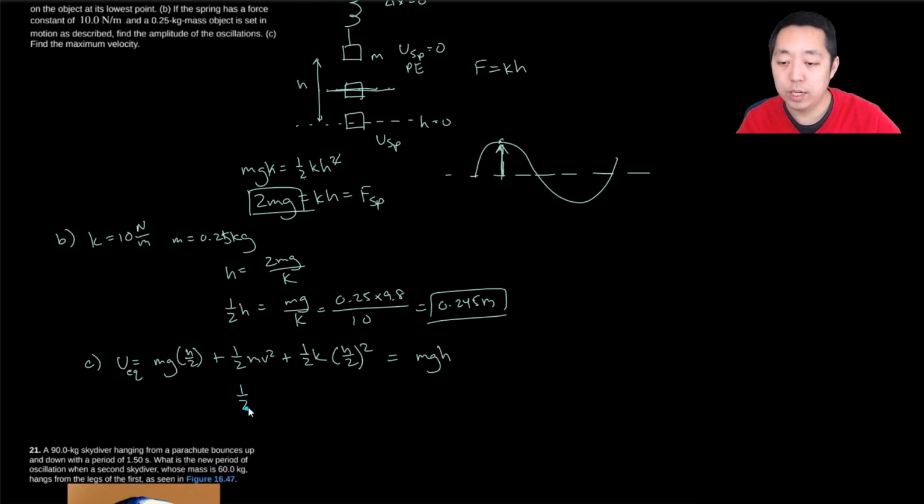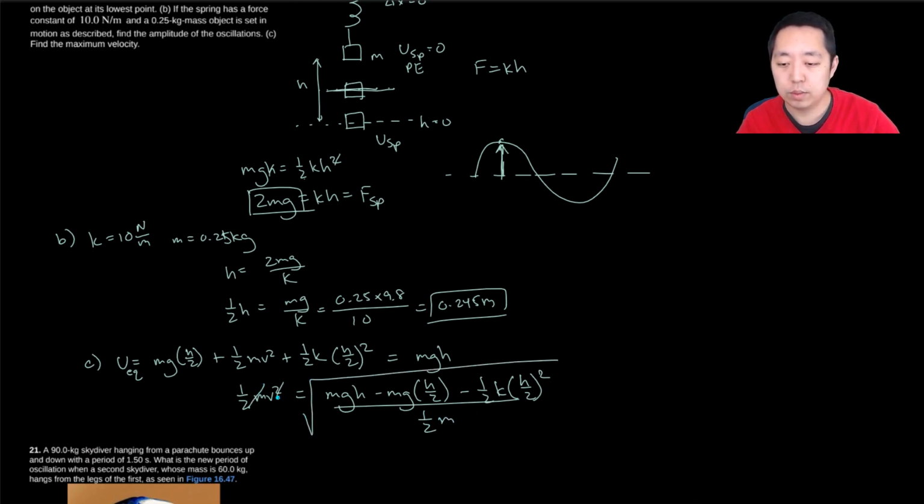So I have 1/2 mv squared is equal to mgh minus mg h over 2 minus 1/2 k (h over 2) squared. Okay, and I can compute this whole quantity and then divide this by 1/2 m to get v squared, and then take the square root of that to get rid of the squared.